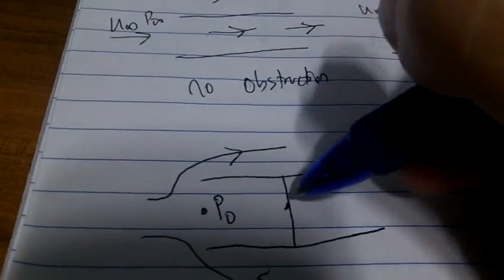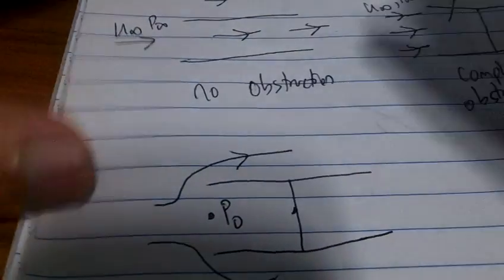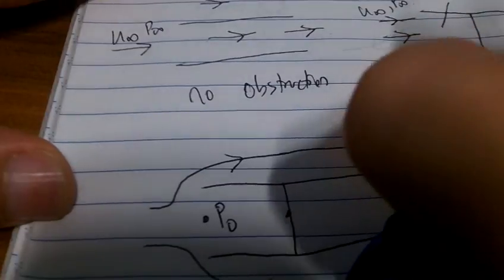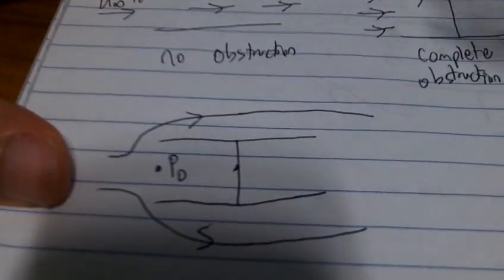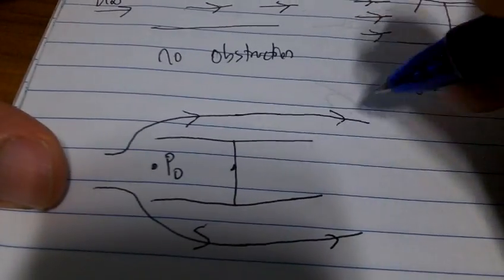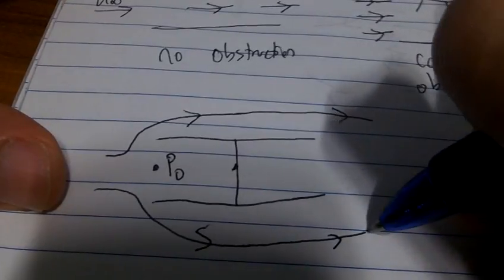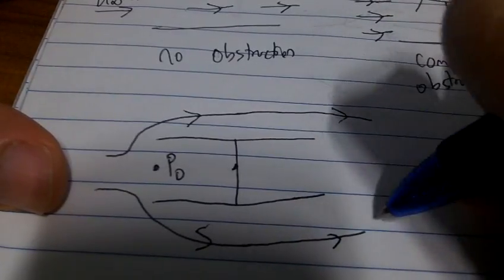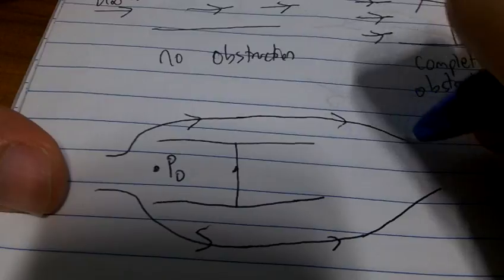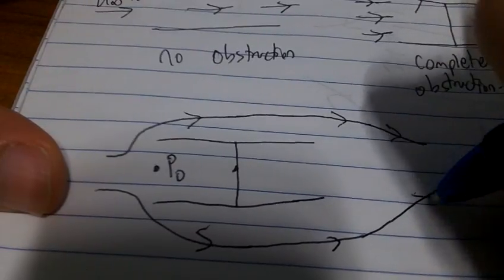You can imagine the fluid flowing around the pipe as if it was a static object. And over here, the fluid begins to converge again.